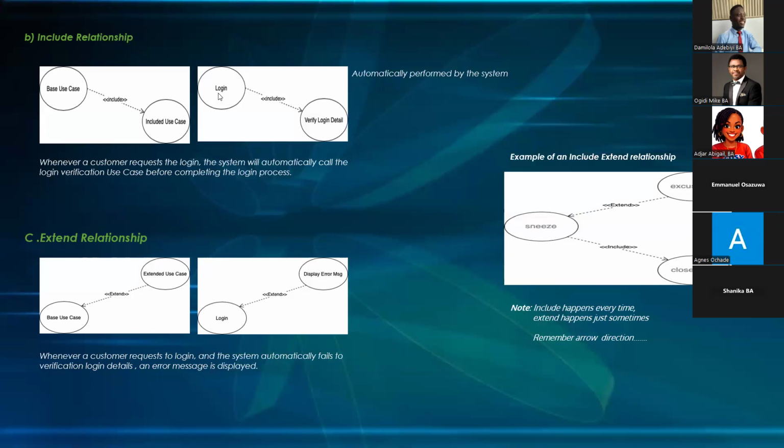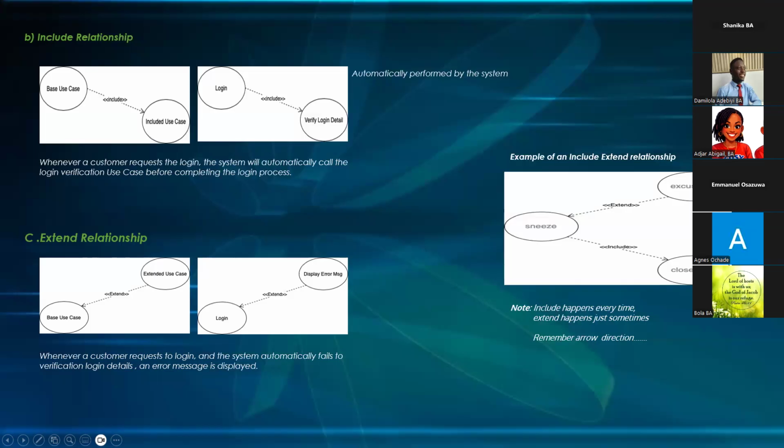Does it make sense? Not yet. Okay. See the arrow here. See this arrow. Okay, let me go back to the beginning. If you want to log in, once you enter your details, the system automatically verifies, confirms that this is the right person. Do you understand to that point? Yes, I do. Okay. That point where it verifies becomes another use case, which is include.